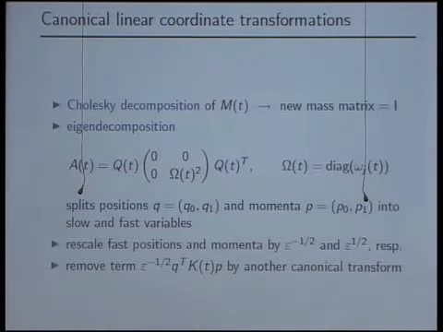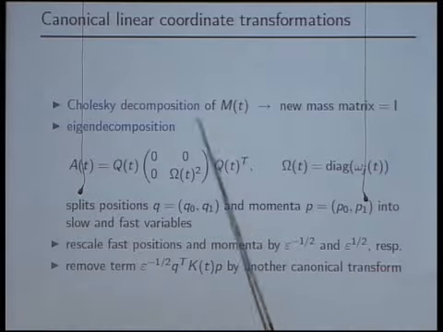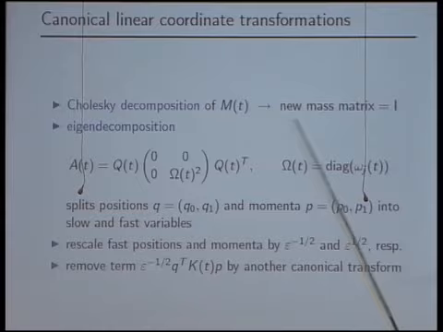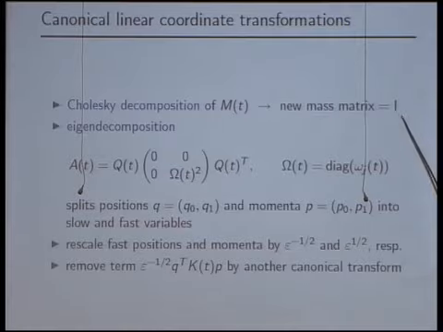So, how does this work? What we do is to make a series of canonical linear coordinate transformations, which I will not detail for you because this would become messy formulas and somewhat boring, but I would like to indicate the basic steps. So first of all, we do a Cholesky decomposition of the mass matrix and then transform variables so that we have a system of the same form, but now replace the mass matrix by the identity matrix.